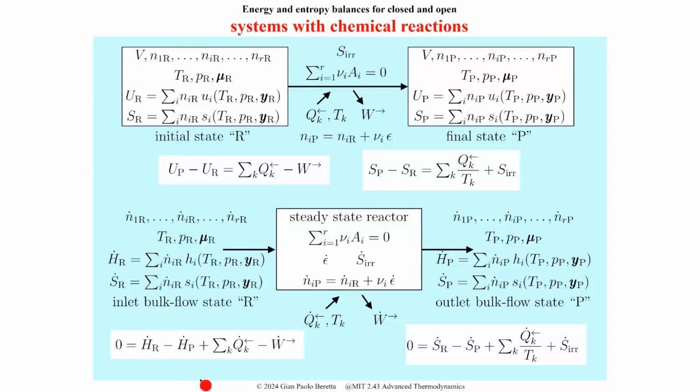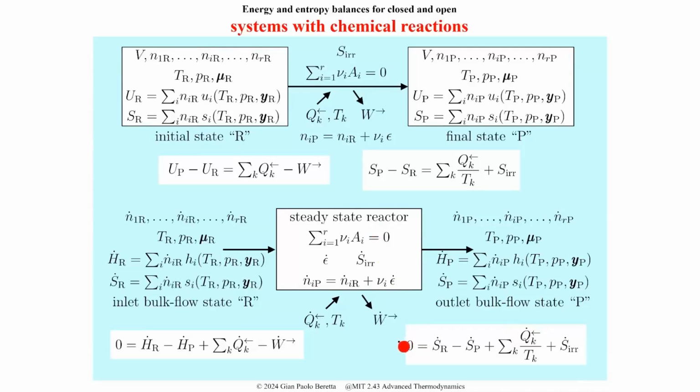So the enthalpy of the inflow is positive, and minus the enthalpy of the outflow, and the heat flow is positive if it has the arrow inside, meaning positive if received, minus the work, which has the arrow outward, and so it's positive if it is produced. And similarly for the entropy balance. The rate of change of the entropy of the reactor, because we are making a balance equation for this reactor here.